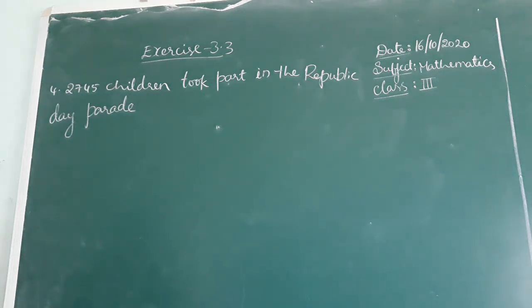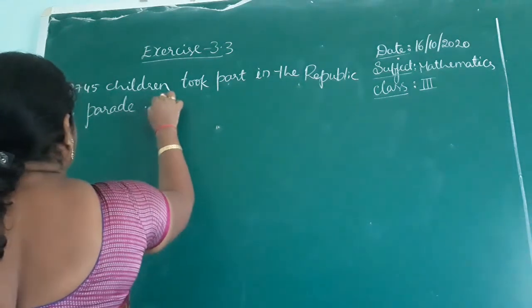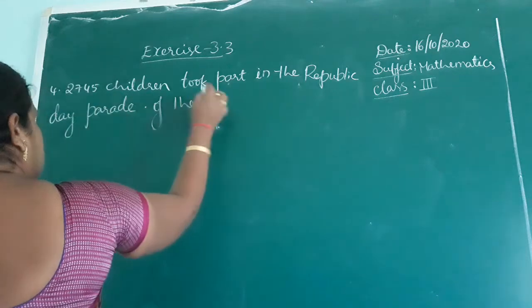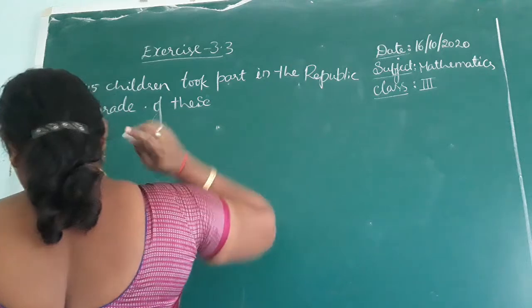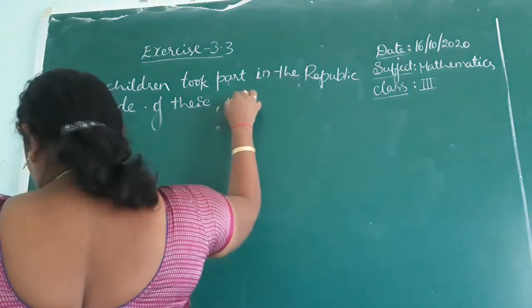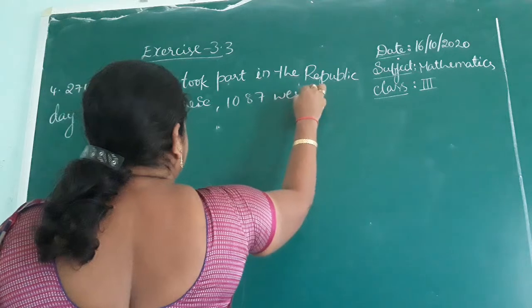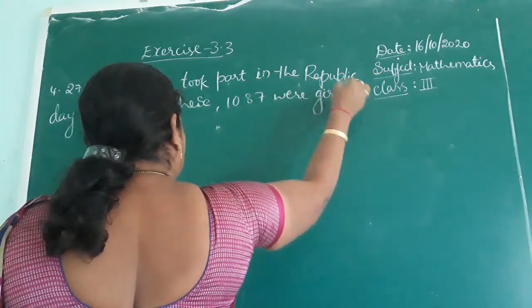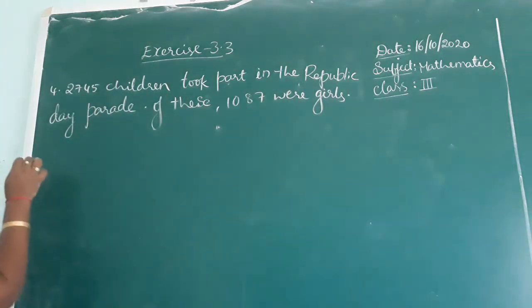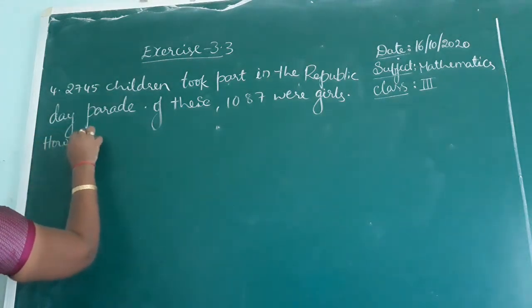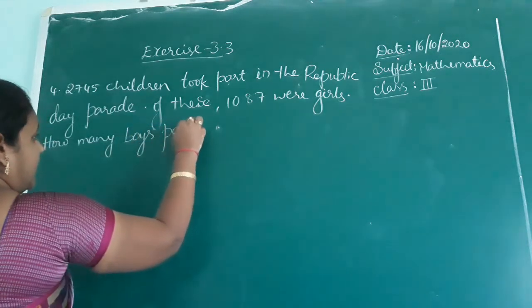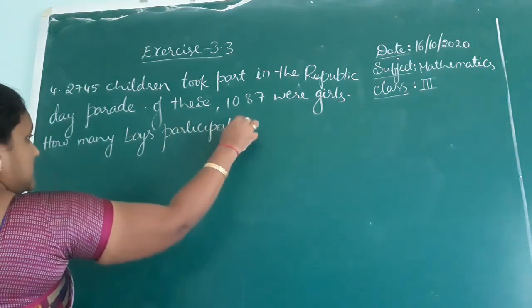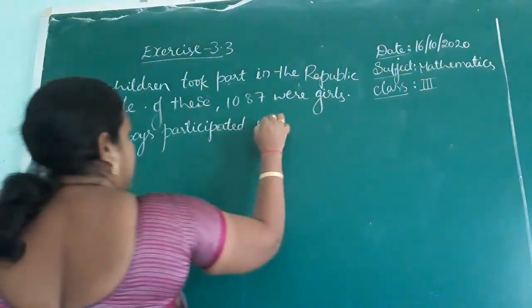Some children participated in the Republic Day parade. Of these 2745, 1087 were girls. The question is, how many boys participated in the parade?